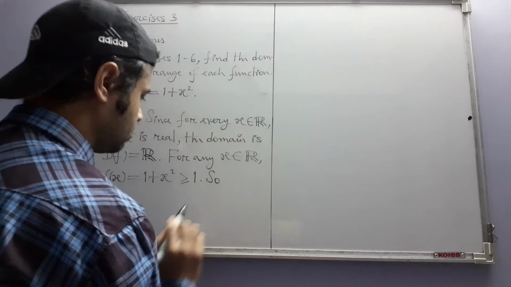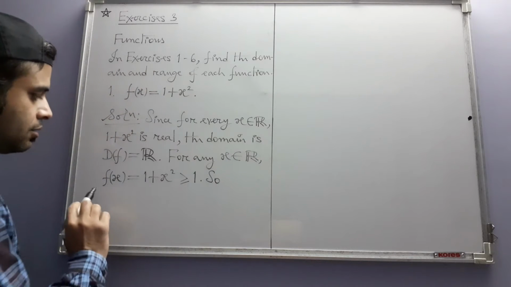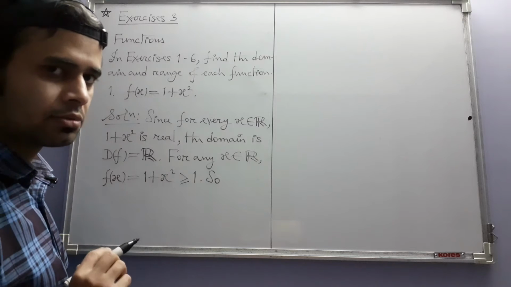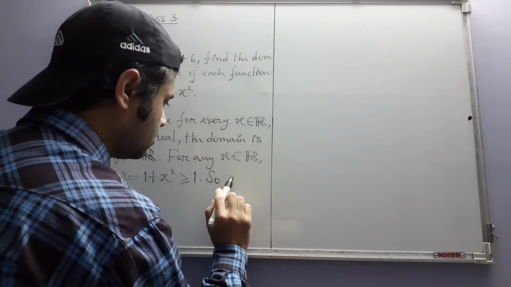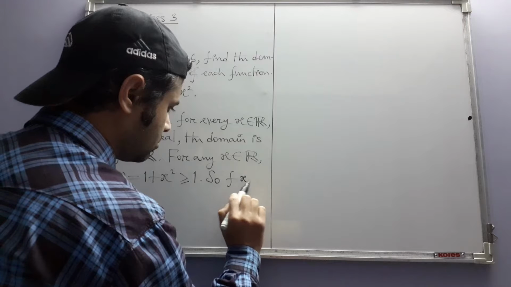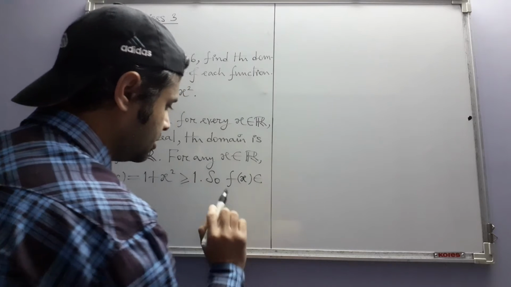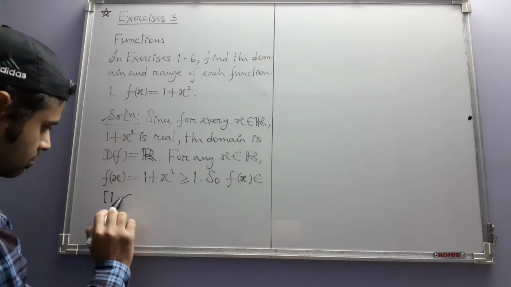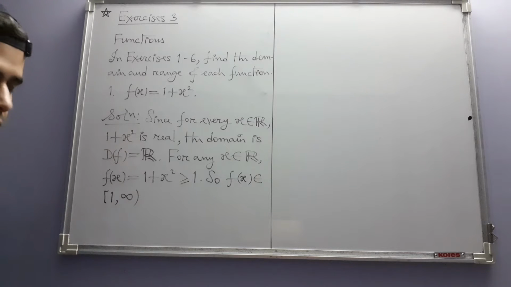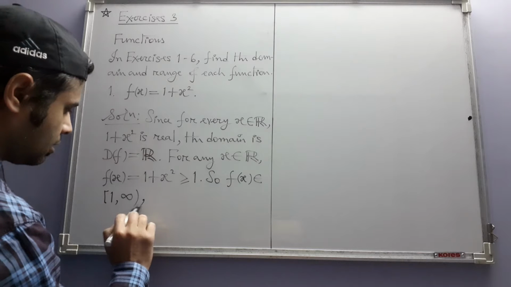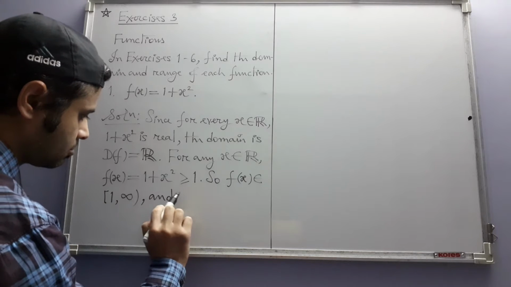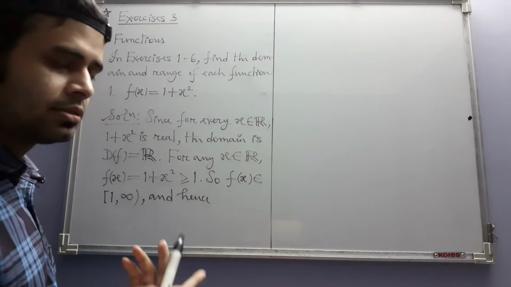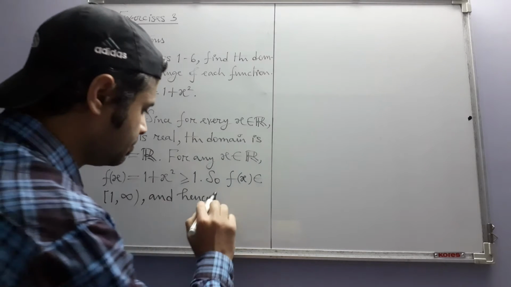So from here what do we see? We see that the output is greater than or equal to 1. So that means this belongs to this ray, okay, and hence now this f of x is any element in the range.